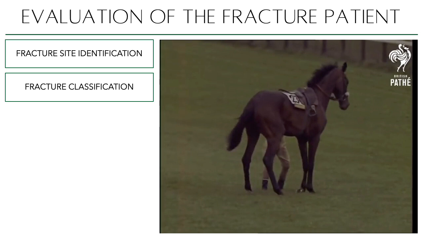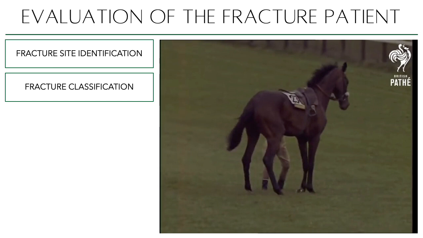Fracture classification. If you remember the way that we classify fractures in Surgery 2, we discussed if there is an open wound. So is this fracture open or closed? Is the fracture complete or incomplete? Meaning, in a complete fracture, both cortices of the bone throughout its circumference would be broken.